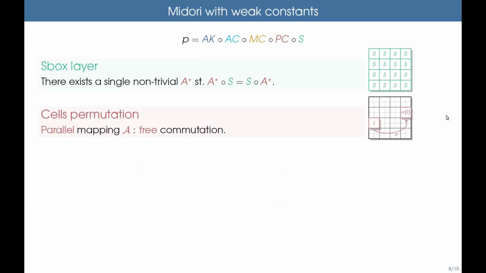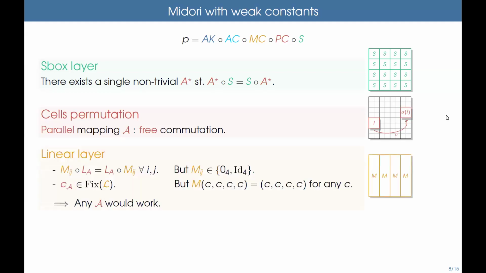Then we have a cell permutation, but because we are using a parallel mapping, the commutation with such a permutation is absolutely free because we are applying A everywhere. So next, we have the MixColumns layer. We had 2 conditions. First of all, the one about the subblocks. But in the case of the matrix of Midori, the subblocks are either the null matrix or the identity matrix. And those matrices commute with any kind of linear layer.